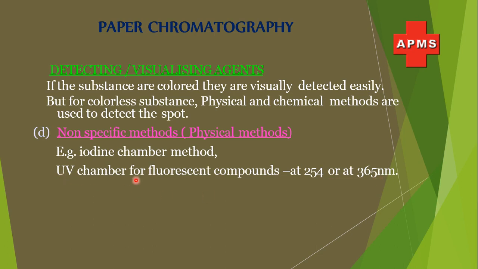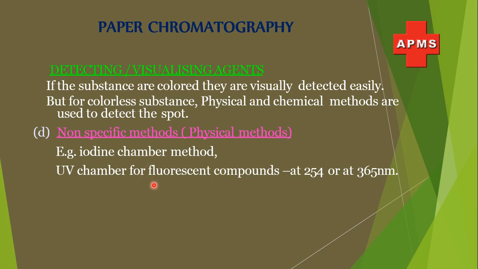Many organic compounds show fluorescence in the presence of UV light, where in the presence of UV radiation the electrons go to higher levels, and when they return to their lower level, they radiate some radiation.